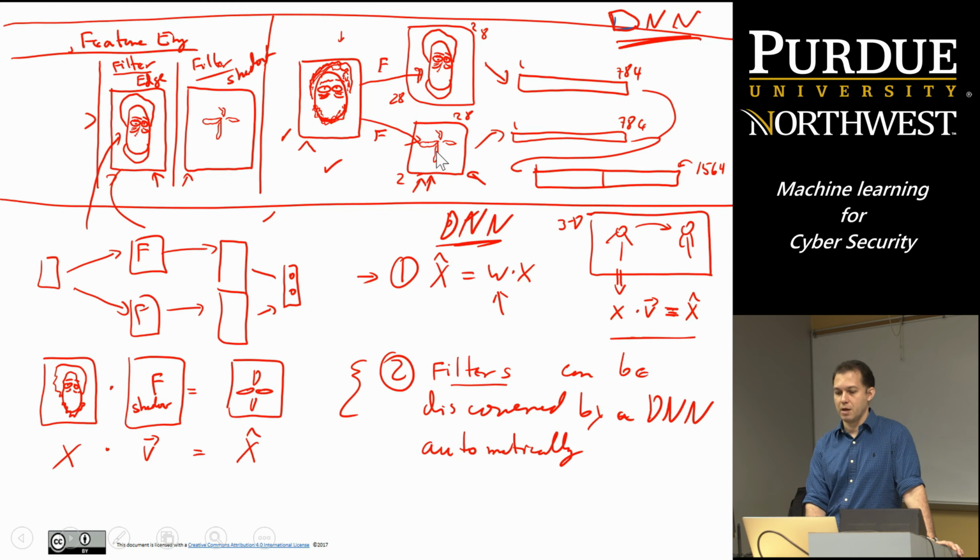Now for face detection, which one of these two do you think might actually be the better one? I don't know if you can see this one or that one, right? There's two filters here, obviously. For face detection, which one do you think might be better? For an algorithm, not a person. For an algorithm. The lower one, right?